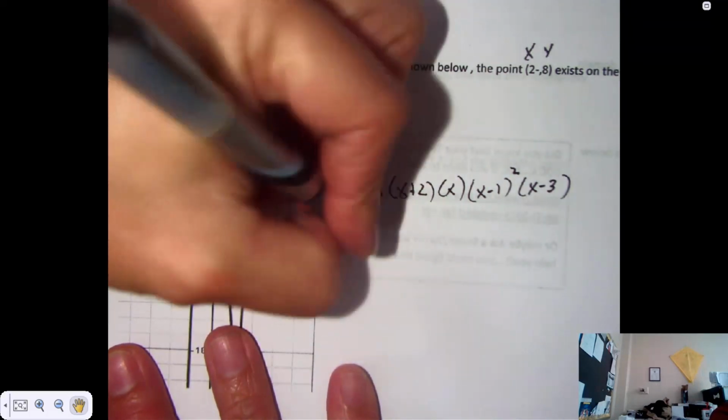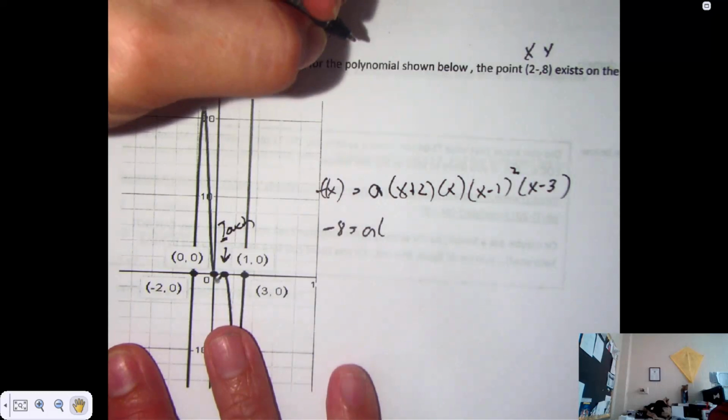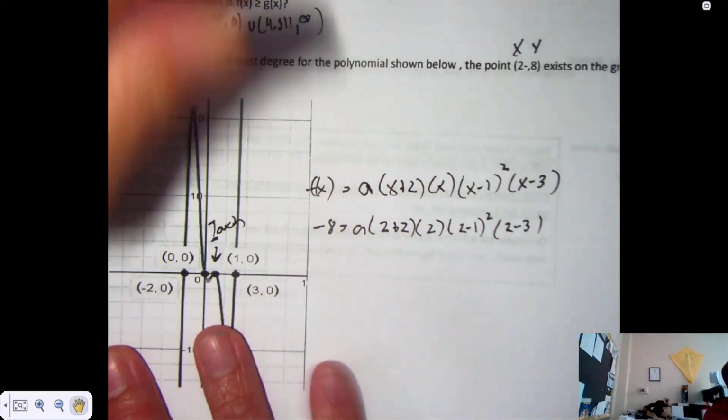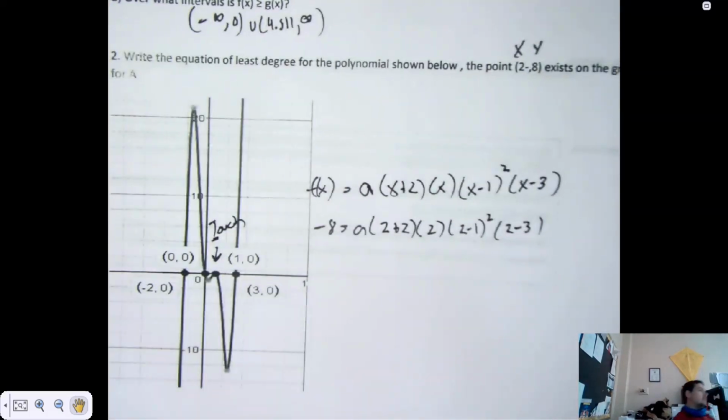Negative 8 equals A times, there's x's. Every x I see is worth what? 2. So 2 plus 2 times the 2, 2 minus 1 squared, 2 minus 3. And you do a little math. 2 plus 2 is 4 times 2 is 8. 2 minus 1 is 1. 1 squared is 1. Still sitting at 8. 2 minus 3 is negative 1. Negative 1 times 8 is negative 8.